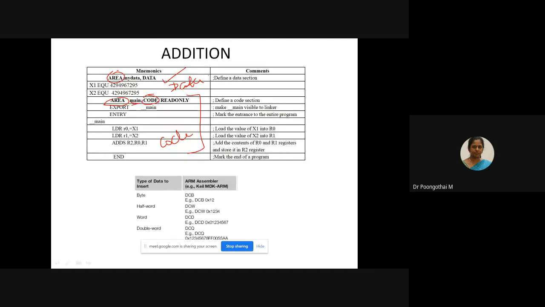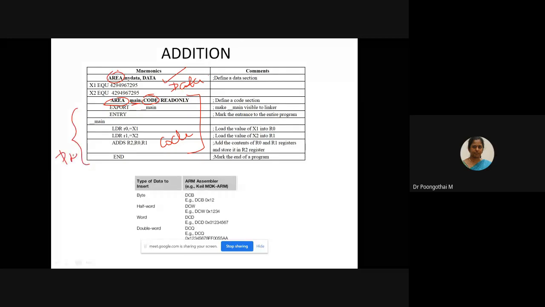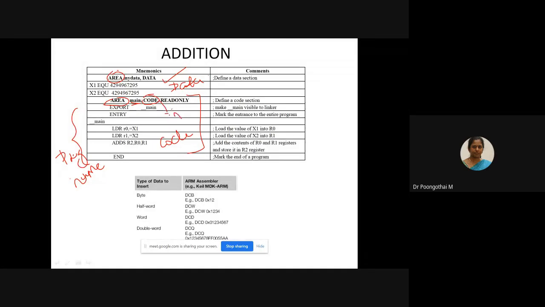Next is main. This main is your program name, so you can give any name. The next word is CODE. This indicates that this particular section contains machine instructions, that is, your assembly instructions.